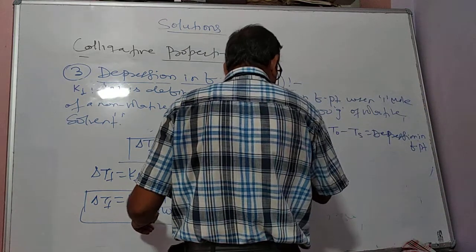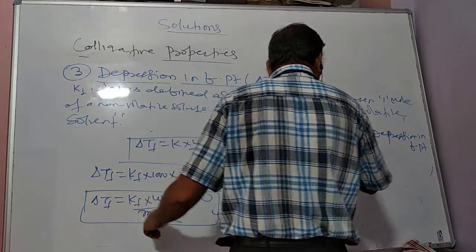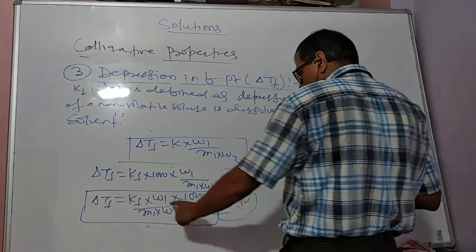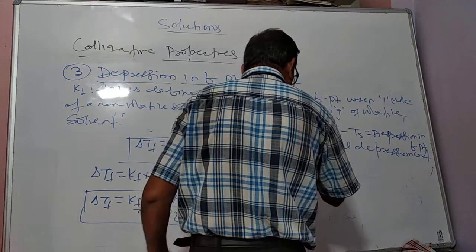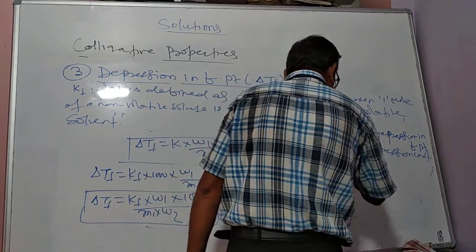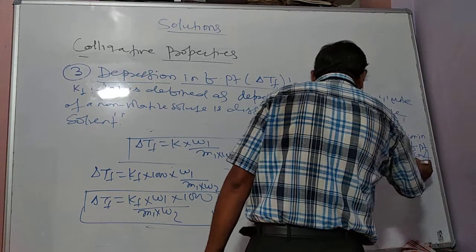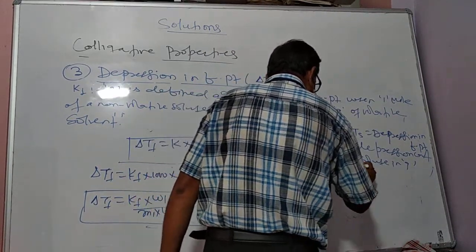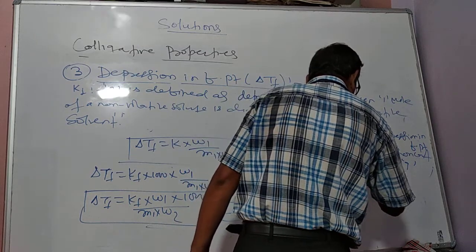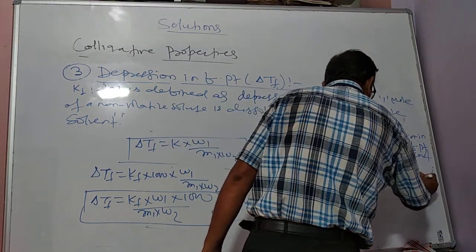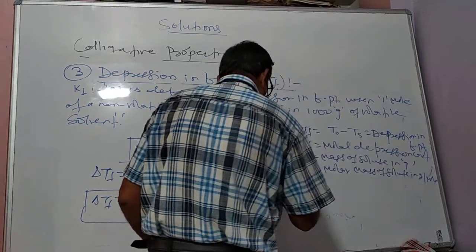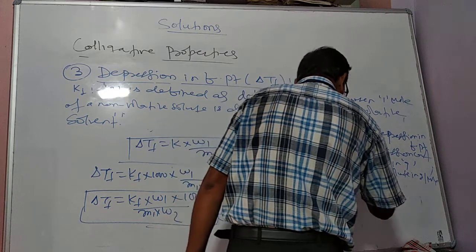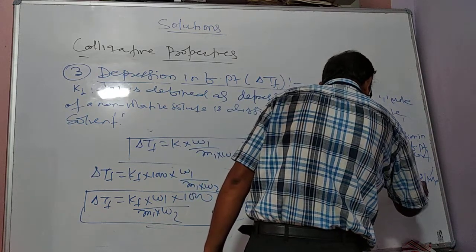Kf is called the molar depression constant or cryoscopic constant, W1 is the mass of solute in gram, M1 is the molar mass of solute in gram per mole, and W2 is the mass of solvent in gram.